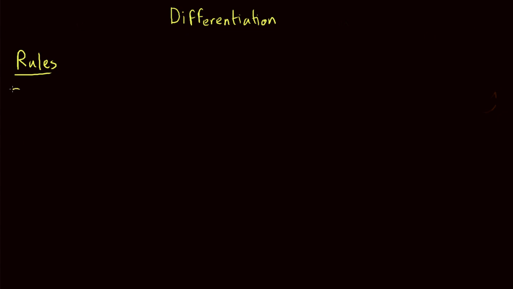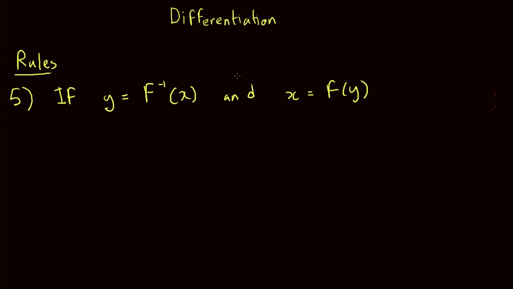So the last rule we're going to mention before we move on is the inverse rule, meaning to say that if y is equal to the inverse function of x, and x can be expressed as a function of y, then dy/dx in this case would be 1 over dx/dy.